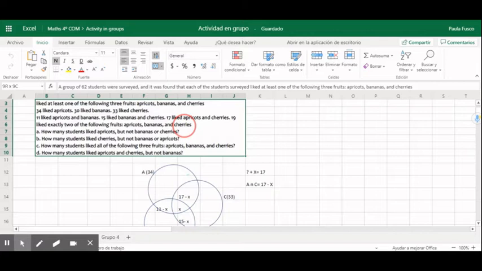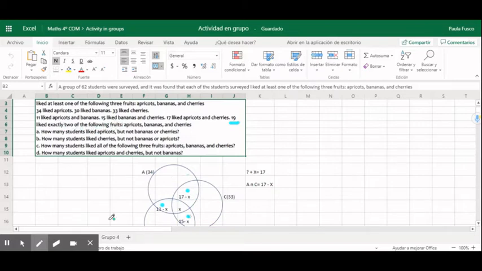So we know that these 4 areas, sorry, not 4, these 3 areas, the students who liked only 2 fruits, it doesn't matter which fruits, is this number, okay? This amount of students liked exactly 2 of the following fruits.